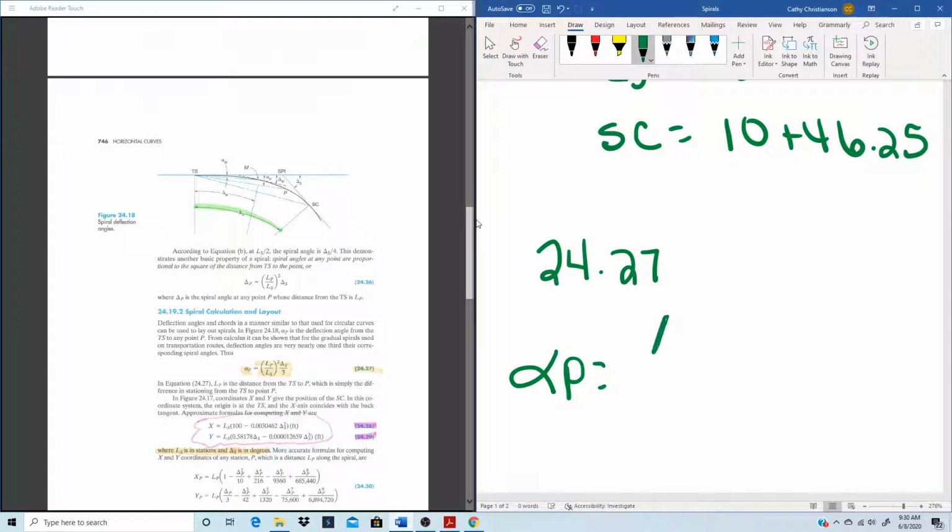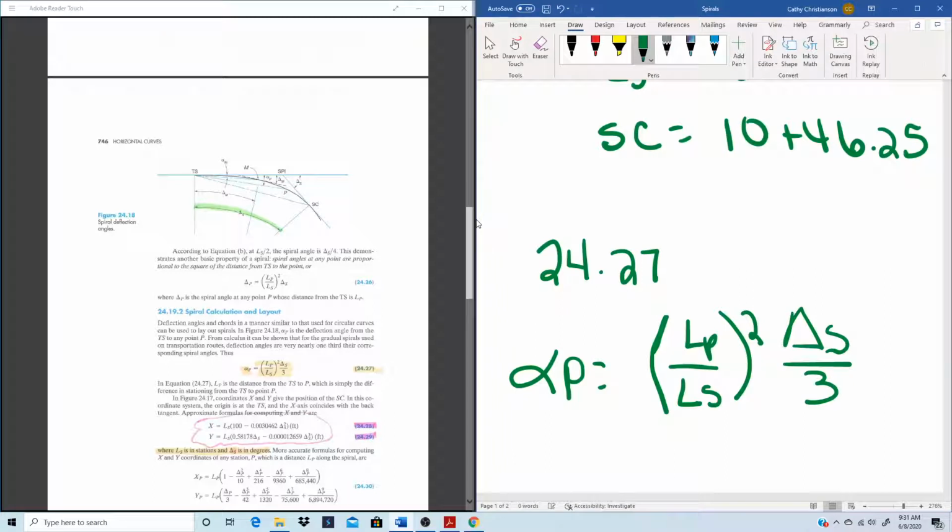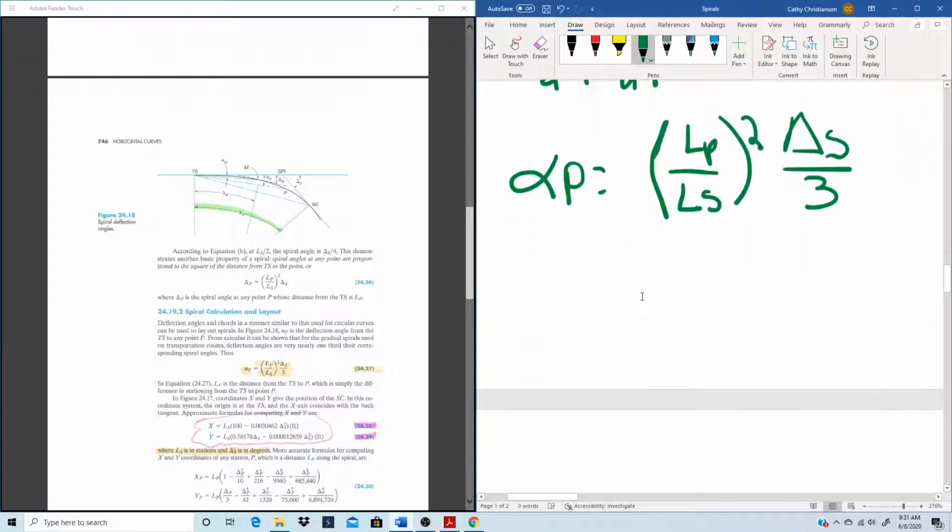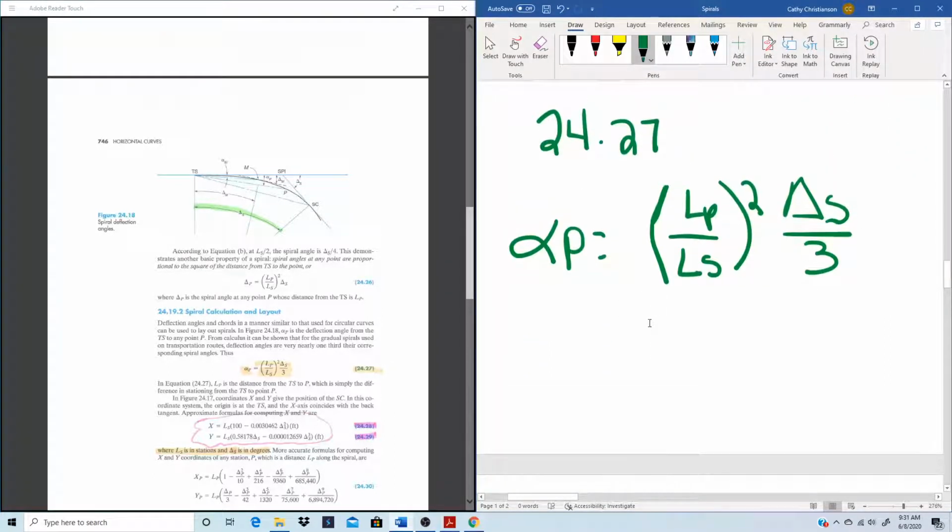It's Lp, which is the distance that we have in column 2, over Ls, squared, times theta S divided by 3. So that is equation 24-7.